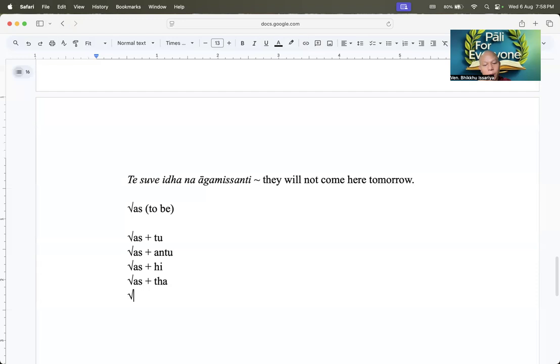So ru as and the me. Ru as and the ma. So no conjugation sign is used. So now ru as and the do. So as do, but so sa changes to the da. So that is how we have the add to.